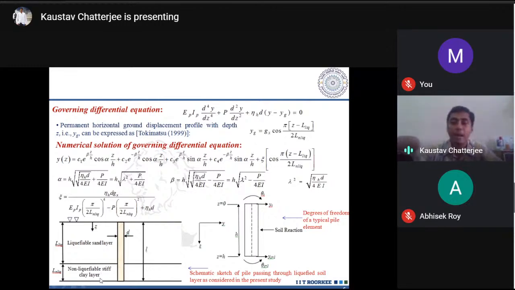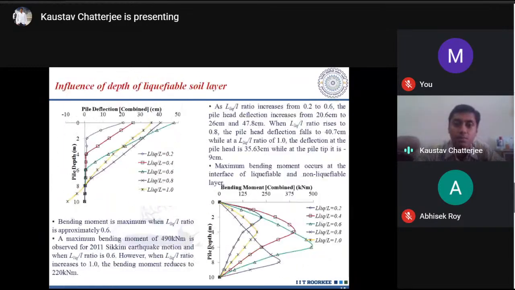In this way, we have done some parametric variations, which are given in this slide. Here, L liquefiable by L represents the ratio to the total length of the pile, from 0 to 1. It is seen from this figure that for both deflection and bending moment, as I increase the L liquefiable by L ratio from 0.2 to 0.6, the pile deflection keeps on increasing, and so does the bending moment.